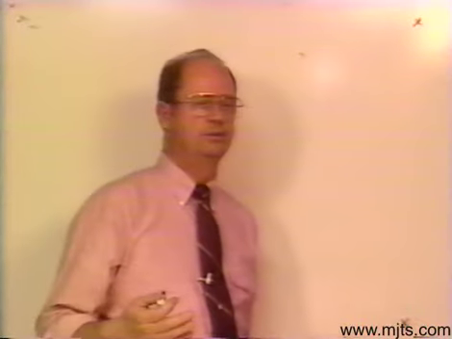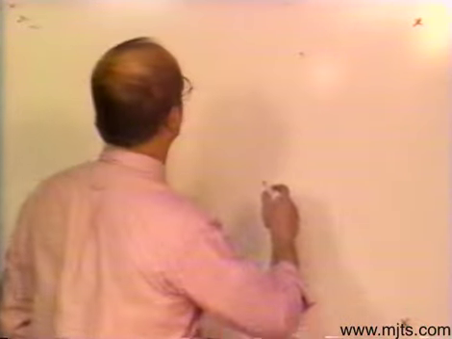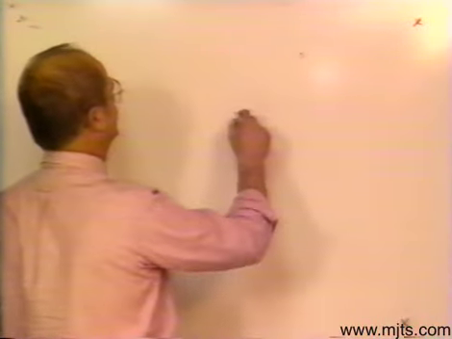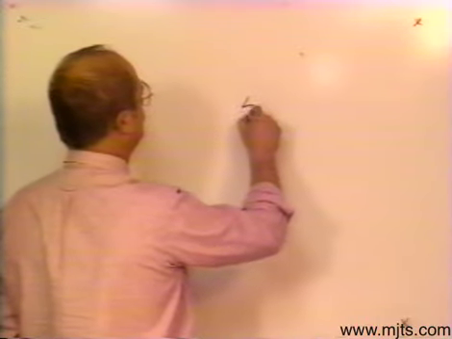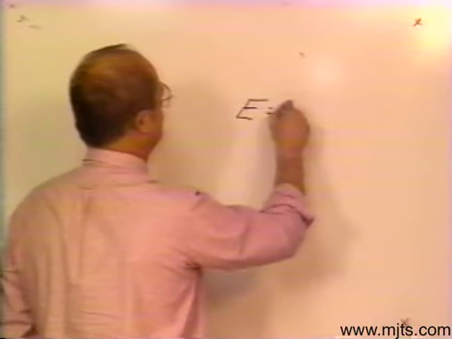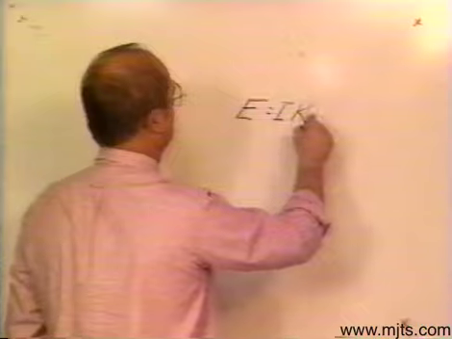If I was to put down a formula here now, and of course we've worked with the different variables, if I put down Ohm's law, let me put it down like this. We'll say E is equal to IR.